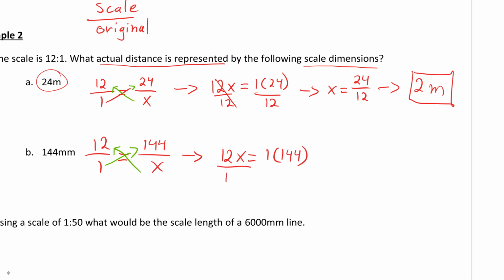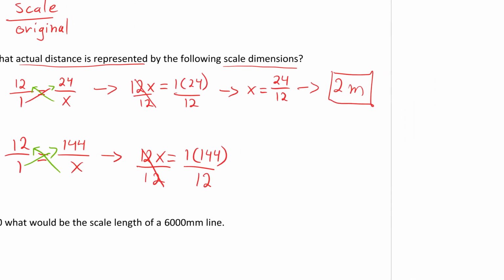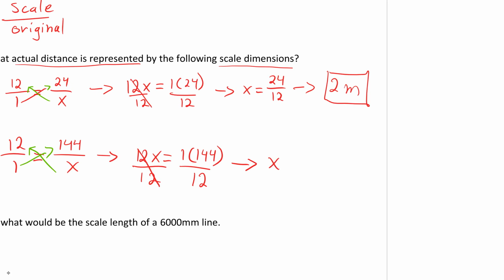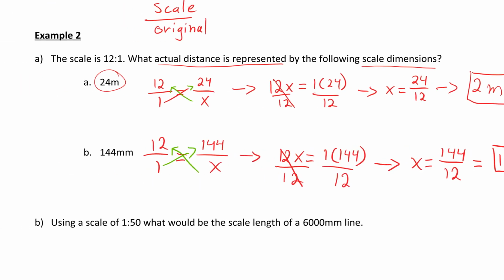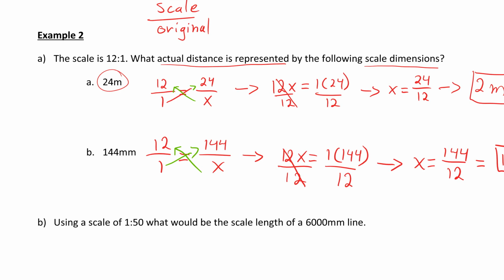Now divide by 12, cancels off on that side. So we get x equals 144 divided by 12. And 144 divided by 12 equals 12, and our unit is the same, so we have 12 meters. So that's the actual measurement based off of using the scale of 12:1.